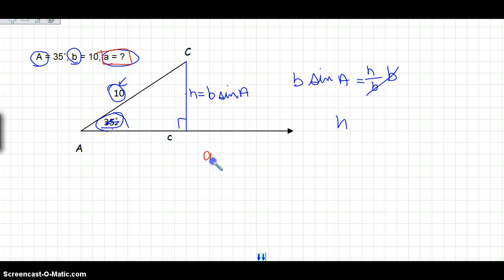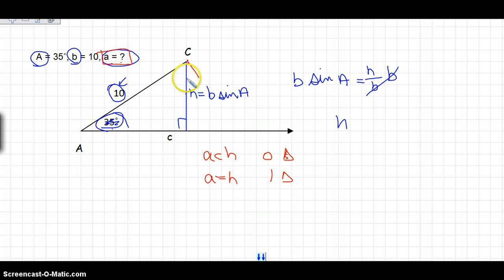If little a is smaller than that value, if little a is less than H, there's no triangles that can be formed. If little a is exactly the same length as H, if little a is equal to H, there's 1 triangle that can be formed.